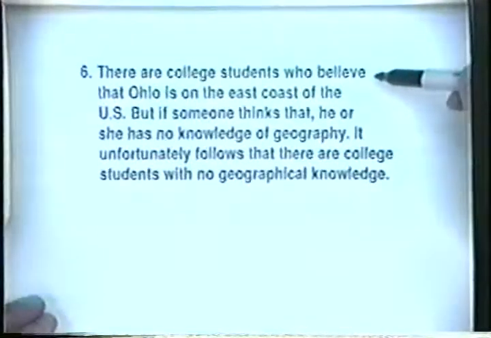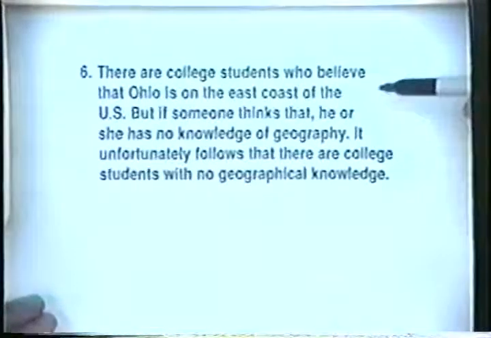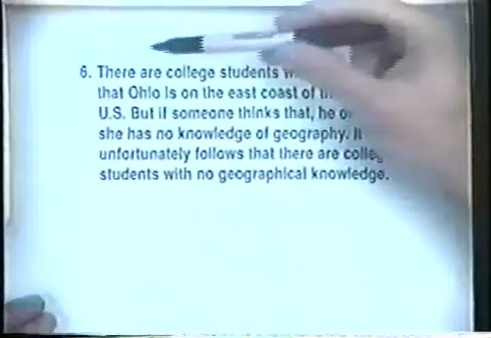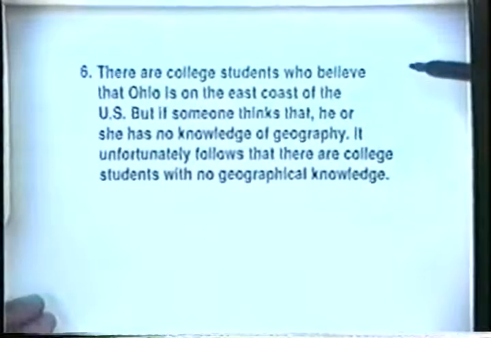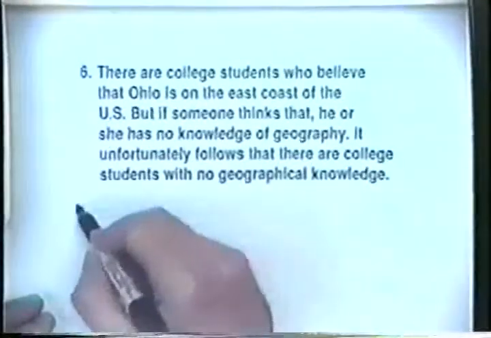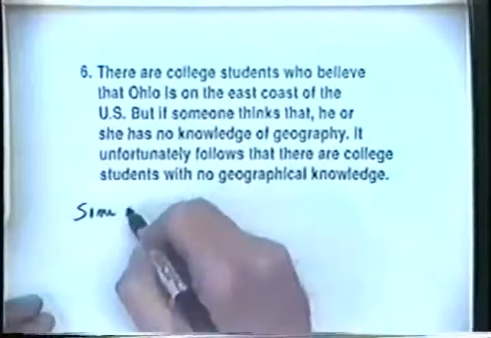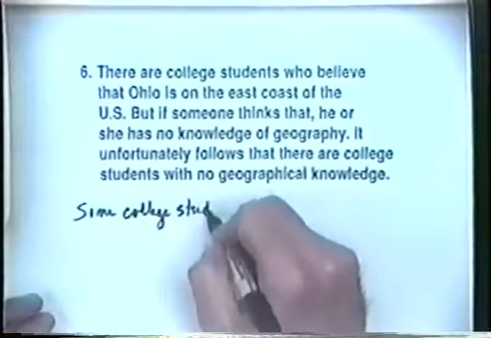There are college students who believe that Ohio is on the east coast of the U.S. Well, how many college students are we talking about? Every college student? No. This just says there exist some college students who believe that Ohio is on the East Coast. So the quantifier we need here is some. And college students, of course, is a fine term, and we can just use that then as our first term, some college students.